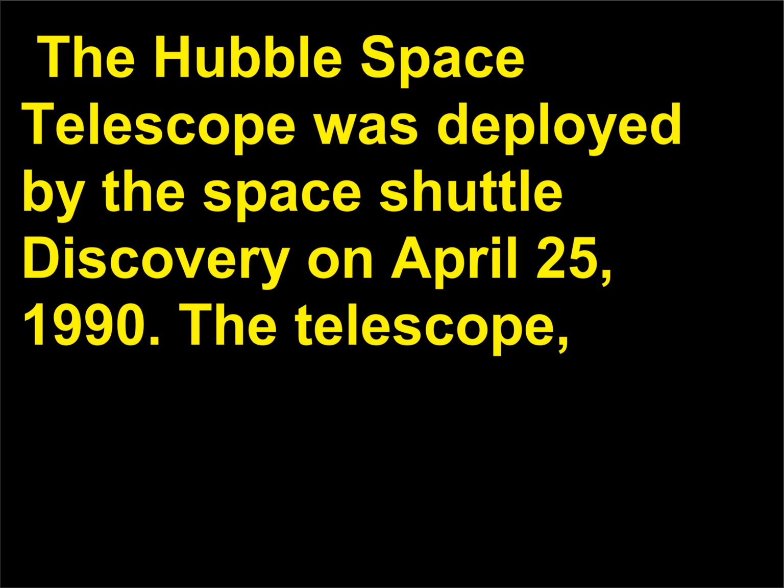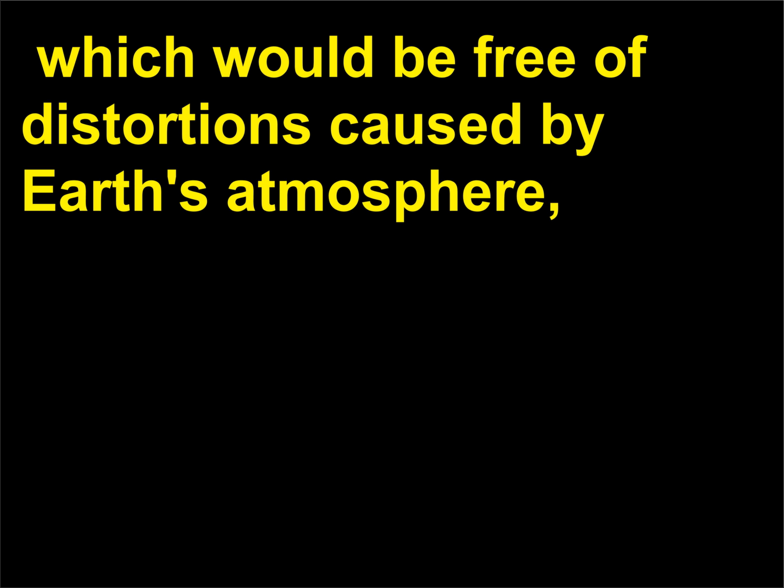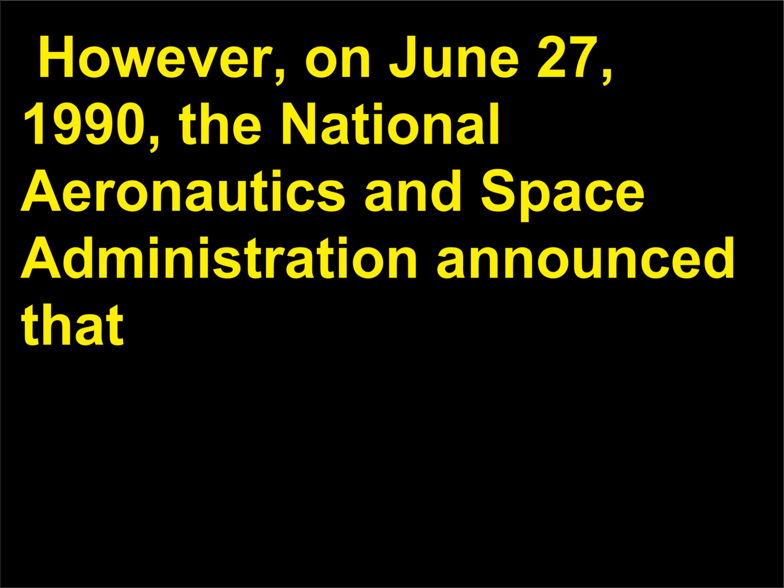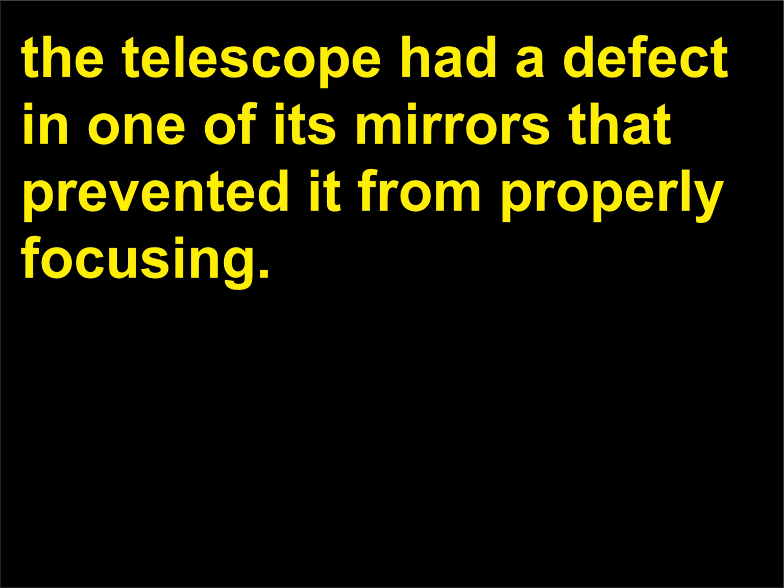The telescope, which would be free of distortions caused by Earth's atmosphere, was designed to see deeper into space than any telescope on land. However, on June 27, 1990, the National Aeronautics and Space Administration announced that the telescope had a defect in one of its mirrors that prevented it from properly focusing.